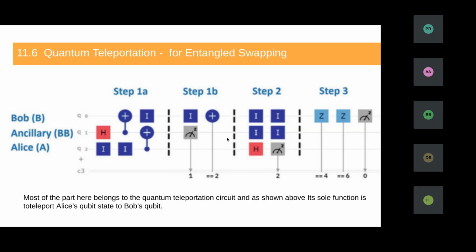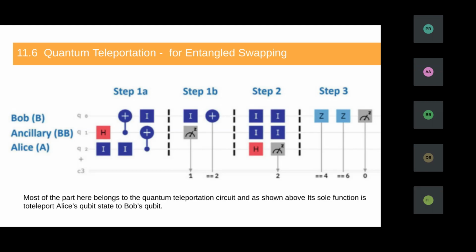You can measure here, check what that is, again do a C naught. And so these are step 1b, step 2. All you are confirming at every stage is that you already have a state which is the Bell state, and then you are trying to implement the Bell state transferred from one to another to the final state, where in step 3 the person who receives can look at it and confirm whether it is swapped or not.